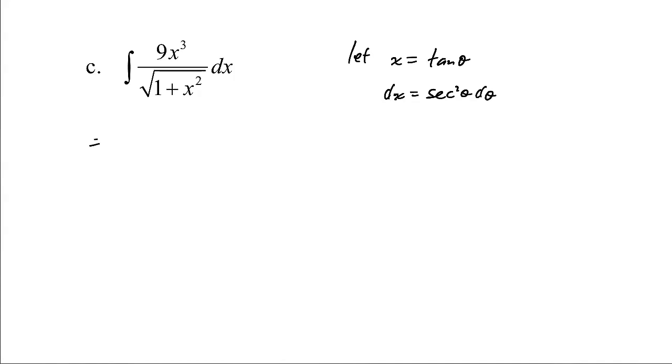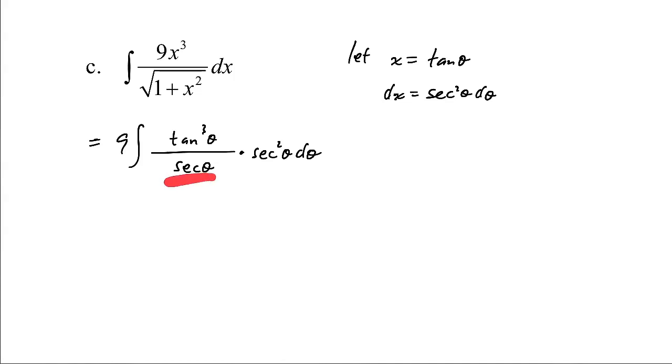I'm going to factor out that 9 while I'm rewriting everything too. So 9 integral of tangent cubed over the square root of 1 plus tangent squared, so secant of theta, and then times my secant squared theta d theta.